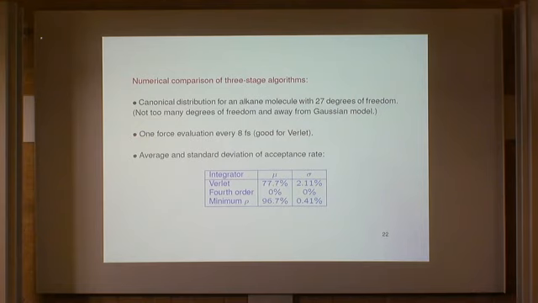This is the Boltzmann distribution of this, to find the configurations of this alkane. This is of interest in statistical physics, and it's also a bit biased against our algorithm.